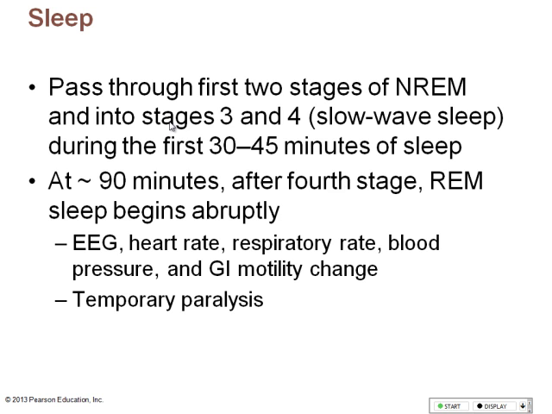First you pass through the first two stages of non-rapid eye movement. Then we pass into stages 3 and 4, where our brain waves start to slow down during the first 30 to 45 minutes of sleep. At about 90 minutes into our slumber, after the fourth stage, we begin something called REM sleep, rapid eye movement.